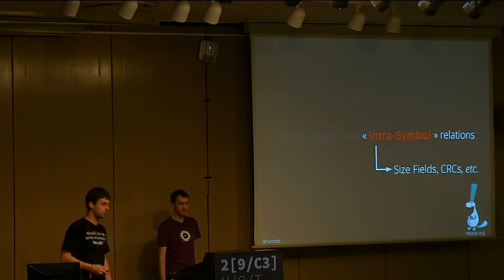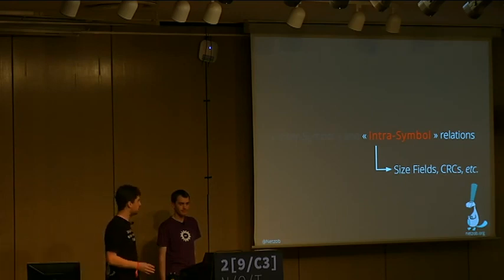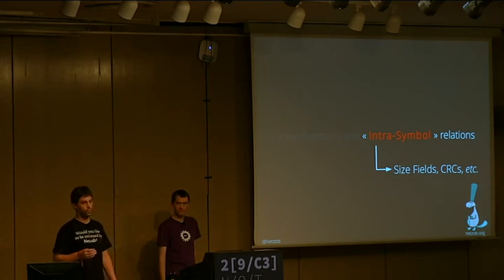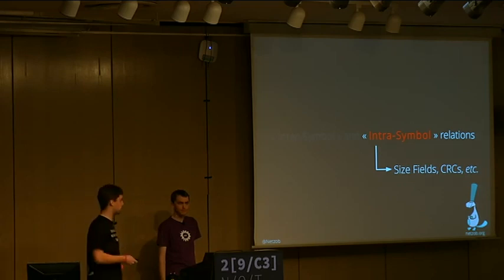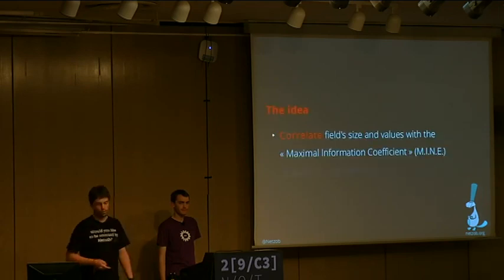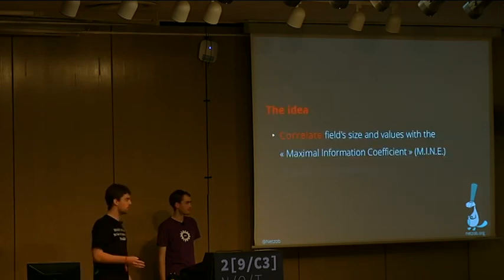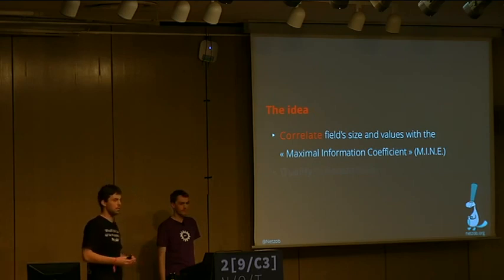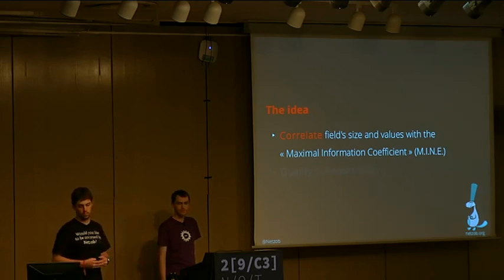Those are the kinds of relations you always have in protocols, and that you want to find and reverse when you are looking at an unknown protocol. So how can we reverse automatically, or how can we help the experts to find these relations?